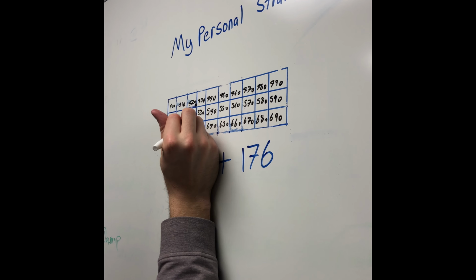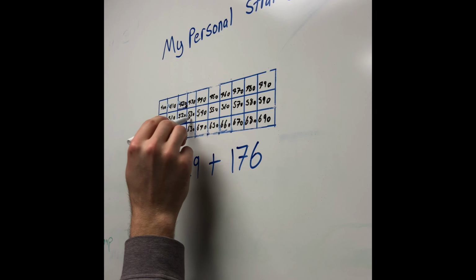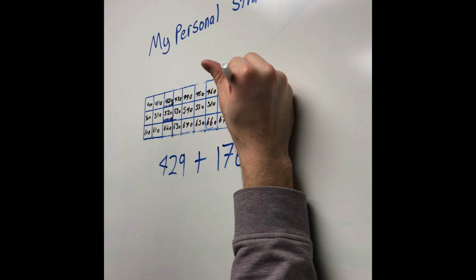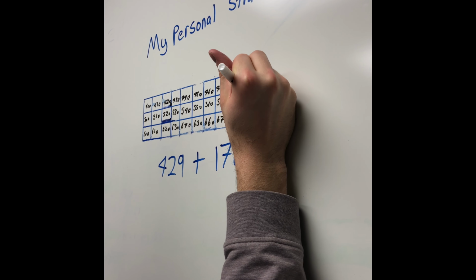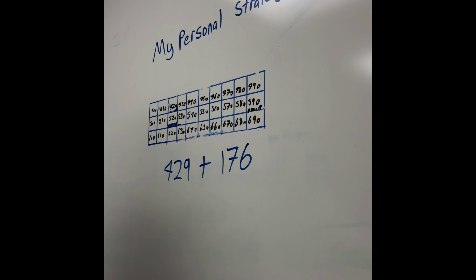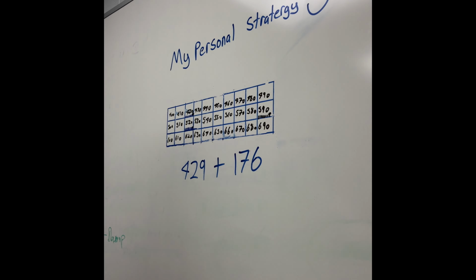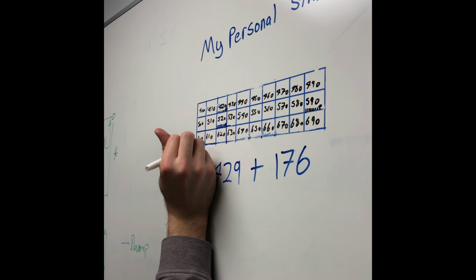All right, next I'm going to add the 70 portion. So then again, I can just count my 7 spaces, and that gets me to around 595. And now I'm just going to add my 6, which gets me to a round total of 605.